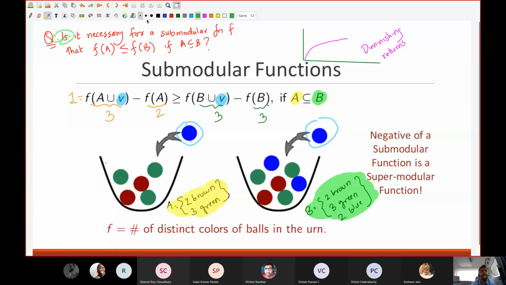So is it necessary that submodular functions will monotonically increase in the size of the set? That's what I'm trying to ask you.